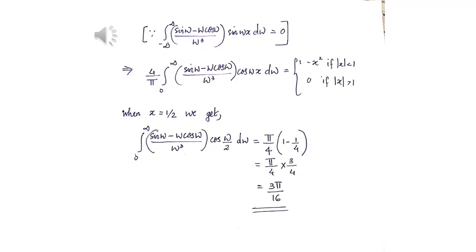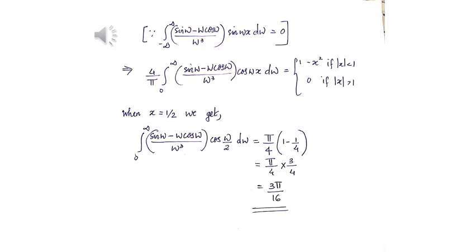Since it is even, we can change the limit minus infinity to infinity to 2 into integral 0 to infinity. So it is 4 by pi integral 0 to infinity of sine omega minus omega cos omega divided by omega cube, the whole into cos omega x d omega, which is equal to 1 minus x square if modulus x is less than 1 and 0 if modulus x is greater than 1. That is the f of x part.